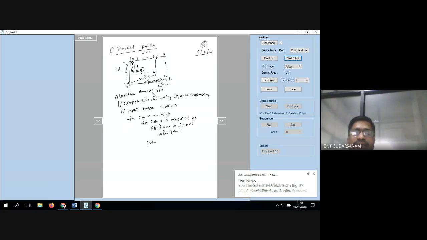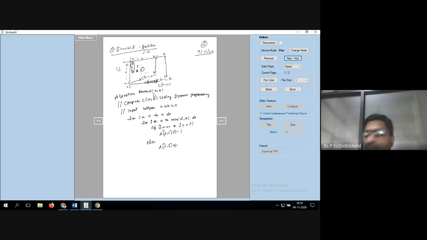Now you tell me another one, else A of i comma j is equal to... here the previous table, C of n comma k is there. Can you able to see, Spurti? Yes, sir.